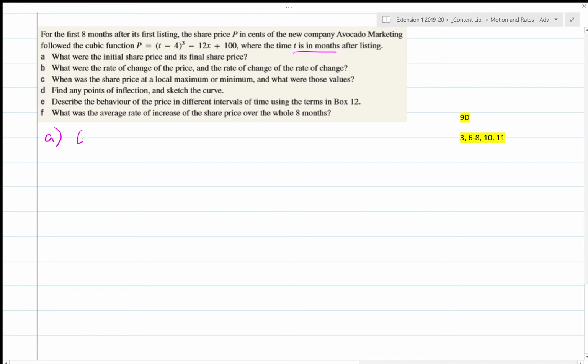Initial, so time is 0, price is -4 cubed, minus 12 lots of 4 plus 100. They have a negative initial share price. Oh, 12 lots of 0, come on. 100 minus 64, $36. Final: 8 months, so t equals 8. Don't forget to go through the problem.